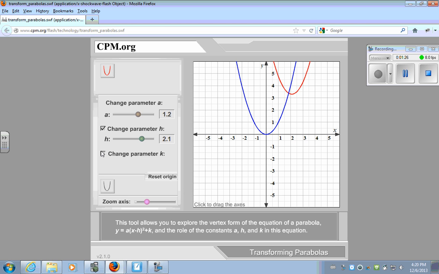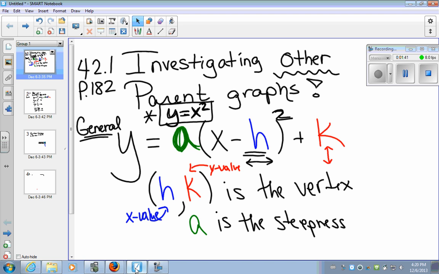So let's just put this back to where it was. If we change the value of a, it got steeper or skinnier. So we noticed that, and so we put that into our formula.